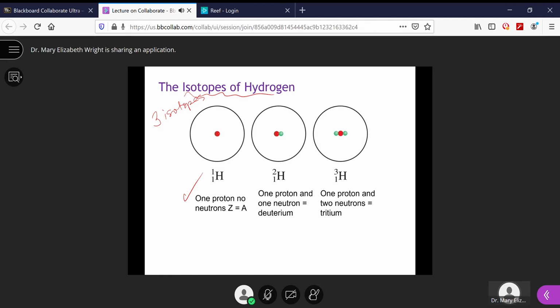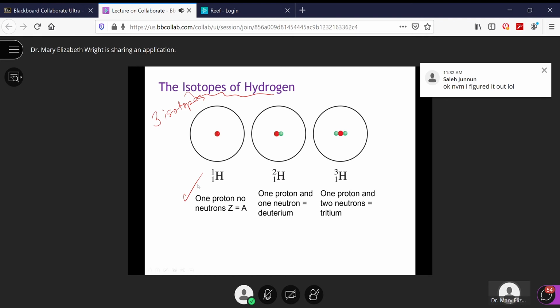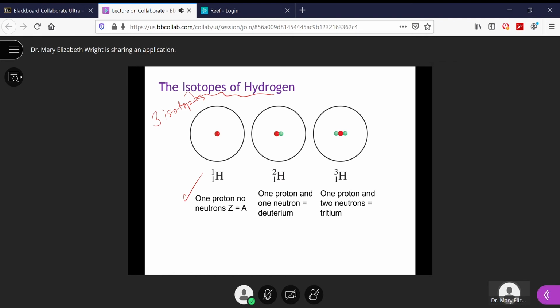It sits in this little known area of the periodic table. We have a situation here where your typical hydrogen atom is just a proton without any neutrons. So what does that mean? Z equals A. But there are isotopes of hydrogen. There is a case where one proton and one neutron exist in the nucleus, as you see here, or one proton and two neutrons, as you see here.